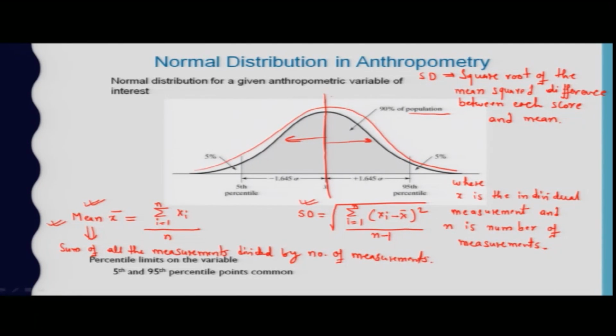If a distribution is normally distributed, 50% of the scores will lie on either side of this axis. In this way we plot this normal distribution curve, and the nature of the variation of the number of populations or number of users.